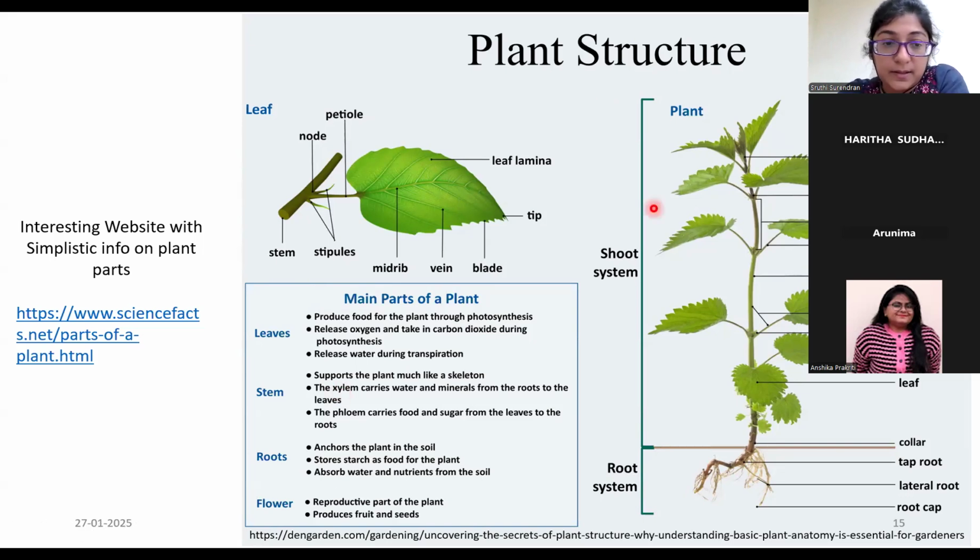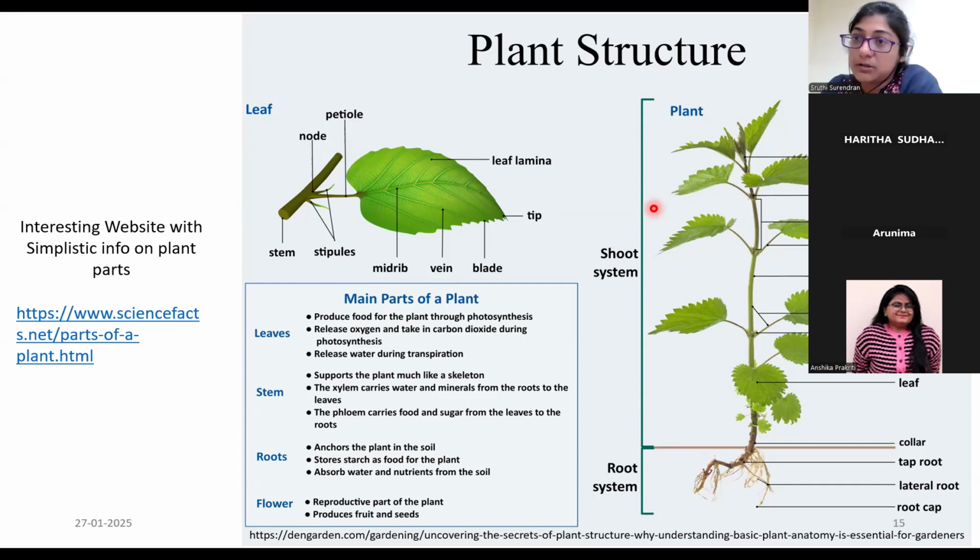Then we come to leaves. Leaves are a very important part of the plant, forming the basis for the food production of plants. It is in leaves that the very important process called photosynthesis occurs, which is the release of oxygen and intake of carbon dioxide. There's another process called transpiration that happens through plants, which is the removal of water from the surface of the leaves back into the atmosphere.